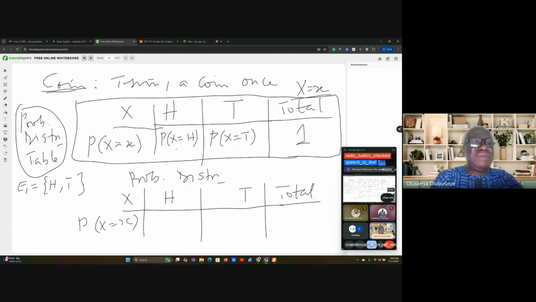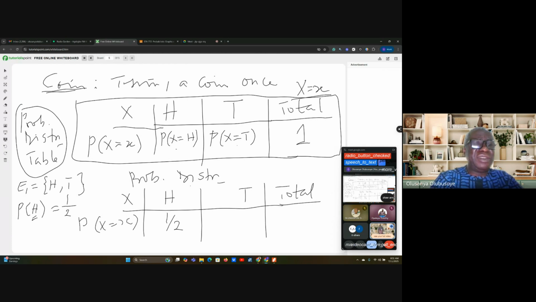So if I now want the probability of head, then the favorable is head, and it appears only once. So I will have 1. The possible outcomes in this single toss is 2. So I have over 2. So that's how in this probability distribution table, here will be half.